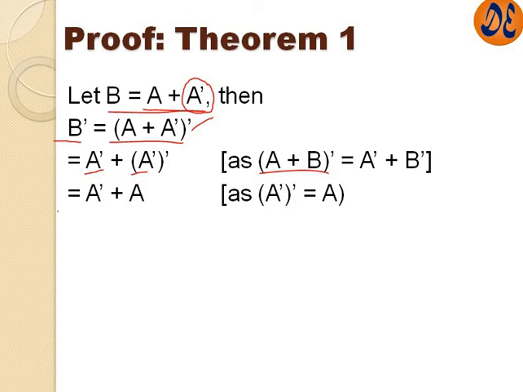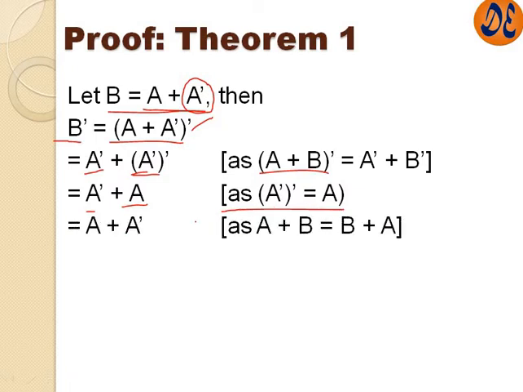So this result becomes A dash, and the transpose of a transposed matrix, that means double transpose of a single matrix, is the matrix itself. We have already done the properties of transpose in the last class. So we can write it as A plus A dash. Why? Because interchanging the matrices in addition is allowed.